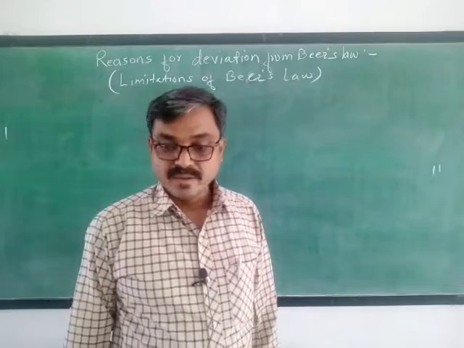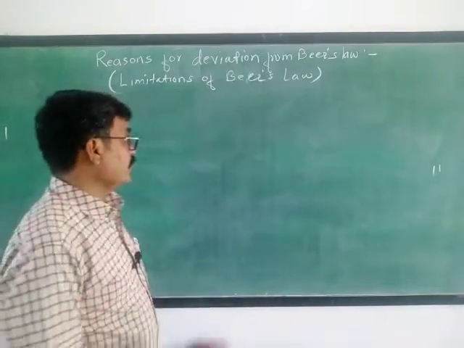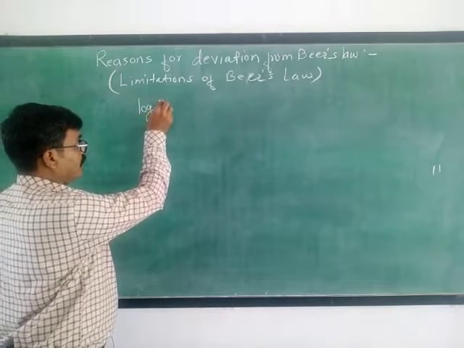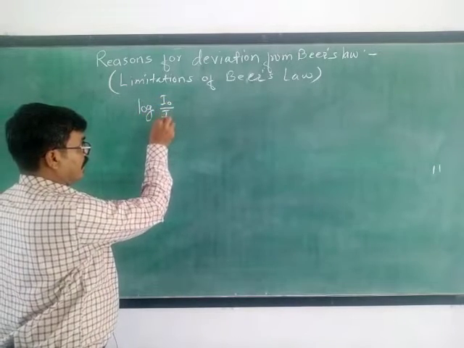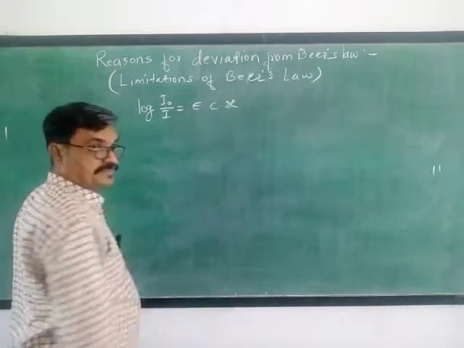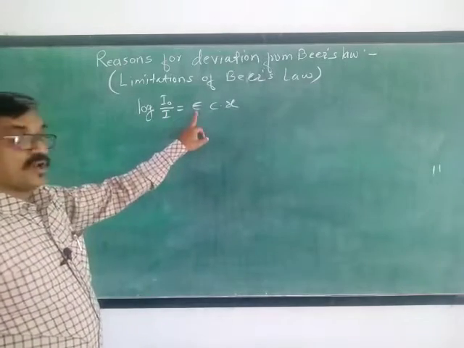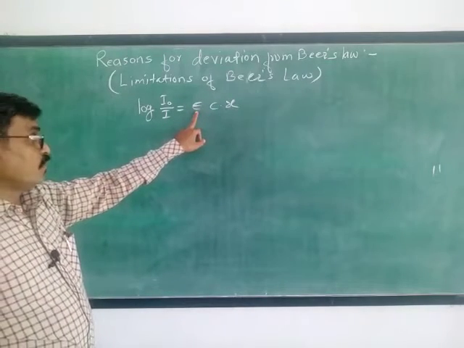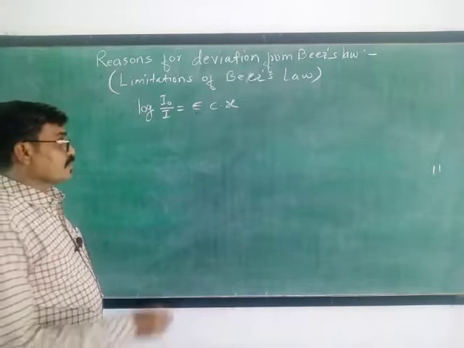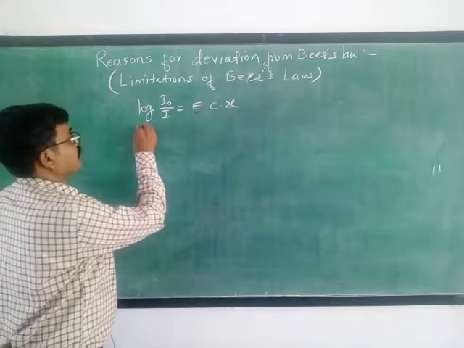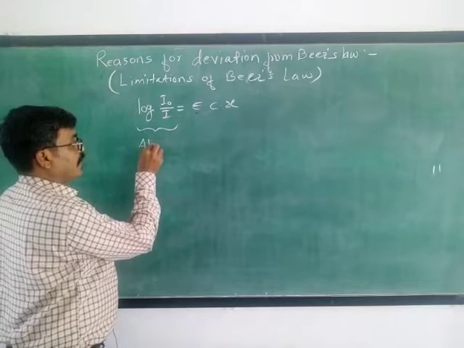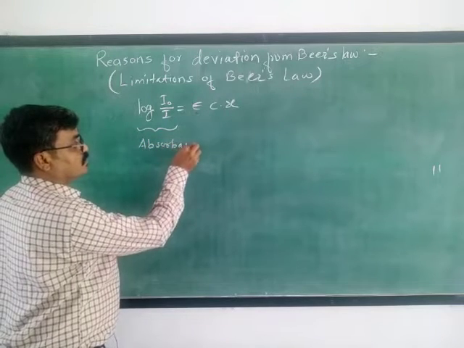In the previous period we came to know that in Beer's law the mathematical statement is log of I0 upon I equals epsilon C into X, where epsilon is called the molar absorption coefficient. Again, we know that log of I0 upon I is nothing but the absorbance of a solution.